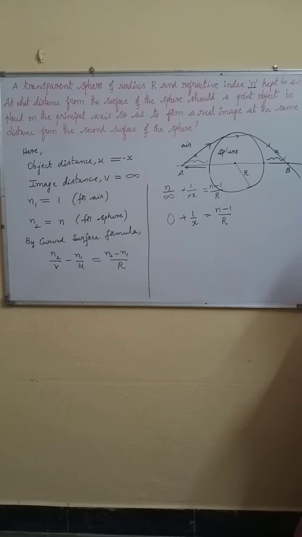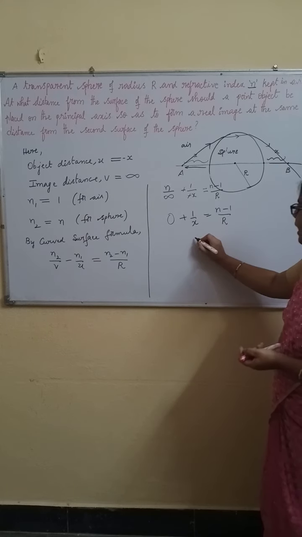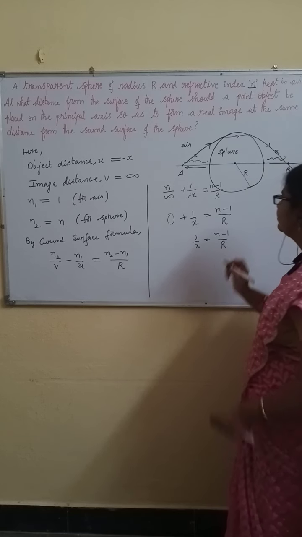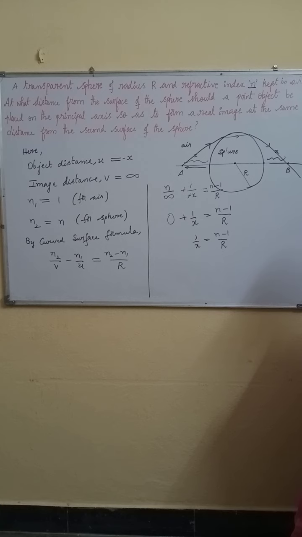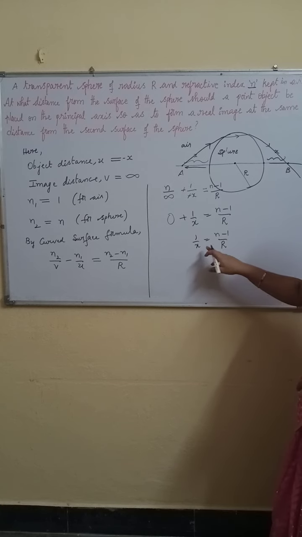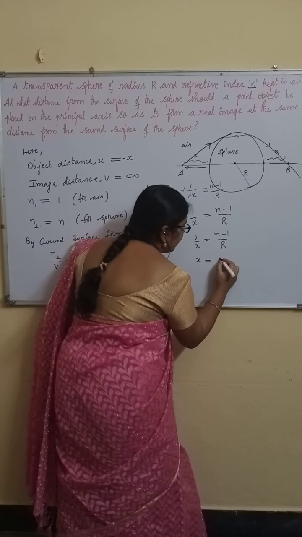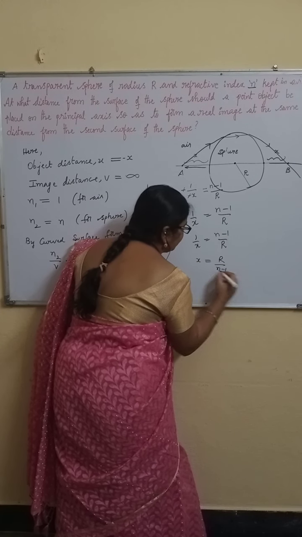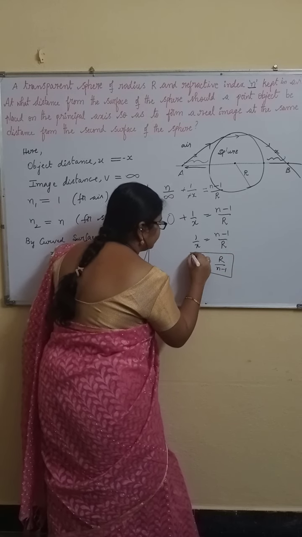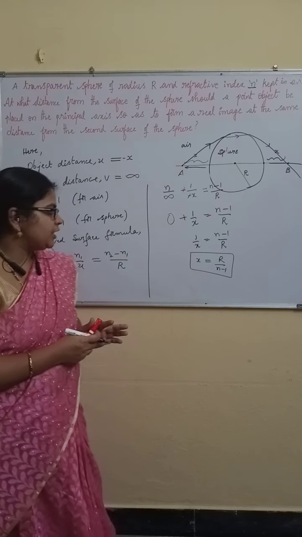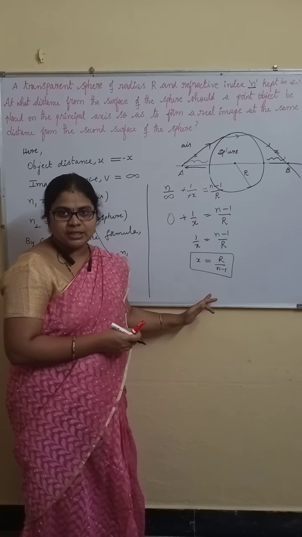Okay, now, one more thing. 1 by x is equal to n minus 1 by r. Now, taking the reciprocal, x is equal to r by n minus 1. What is x? That is the object distance. So the object distance value is r by n minus 1.